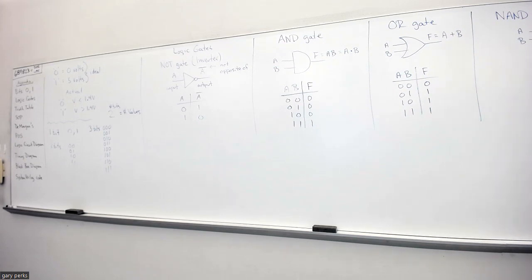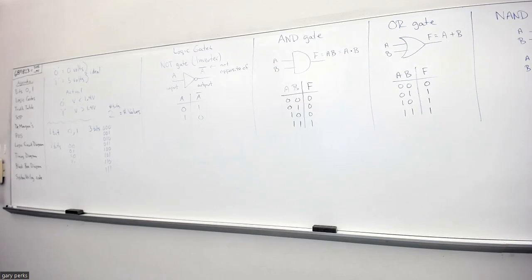The reason that little bubble is there is because a NAND gate is equivalent to an AND with an inverter on the output. You take an AND and invert the output, and it's equivalent to a NAND. So that little bubble is the bubble of this inverter. It's to remind us that the NAND is just like an AND, but the output's inverted.